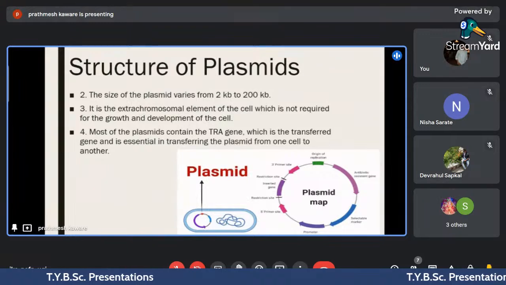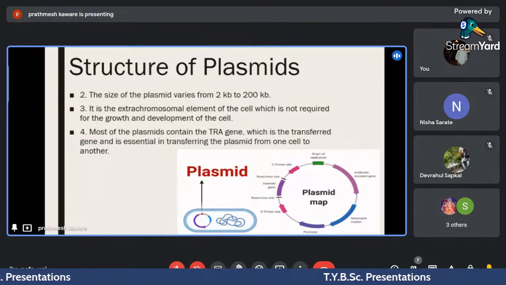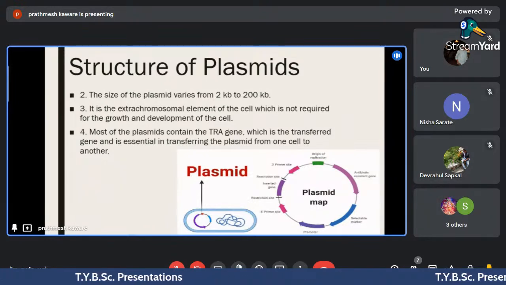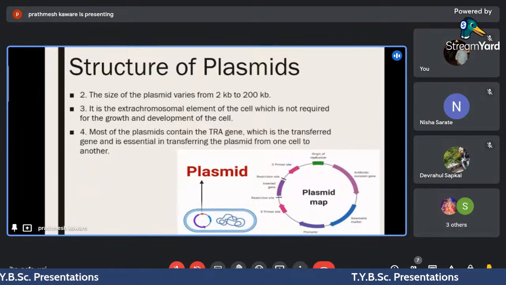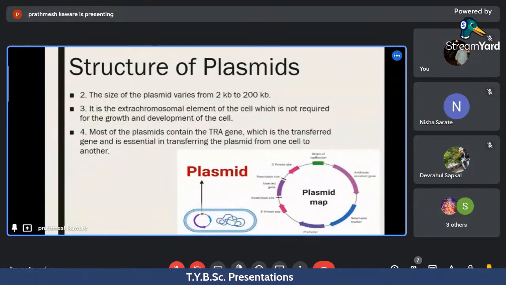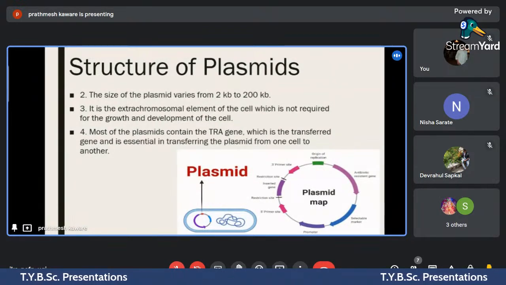The size of a plasmid varies from 2 kb to 200 kb. It is an extrachromosomal element of the cell which is not required for growth or development of the cell. Most plasmids contain the tra gene, the transfer gene, which is essential in transferring the plasmid from one cell to another.